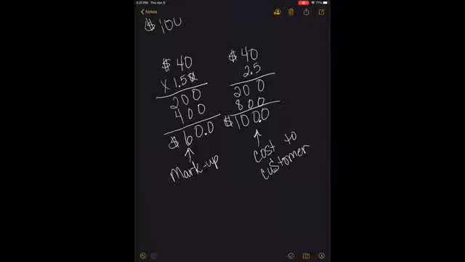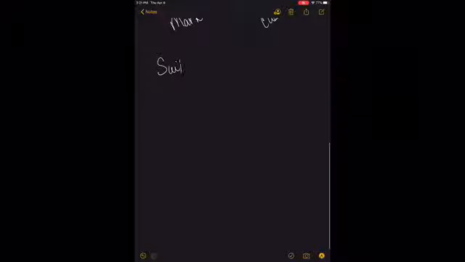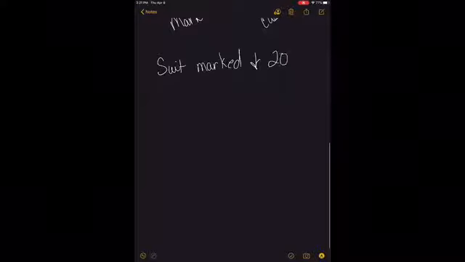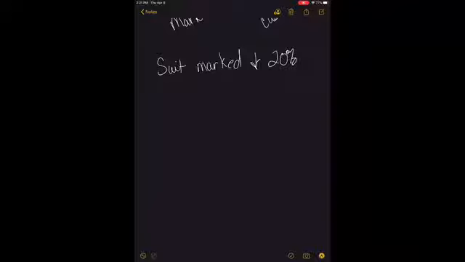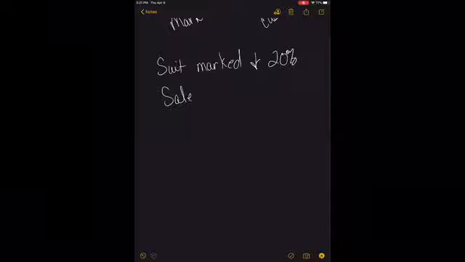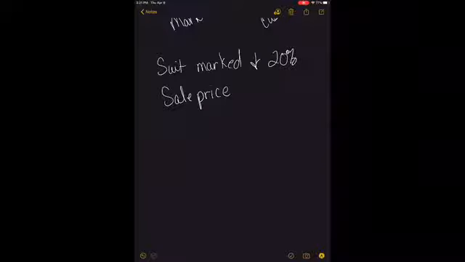So let's do a discount, because those can be a little bit tricky. Let's take a look at the fourth box. It says the suit was marked down 20% for the sale, and its sale price was $120.